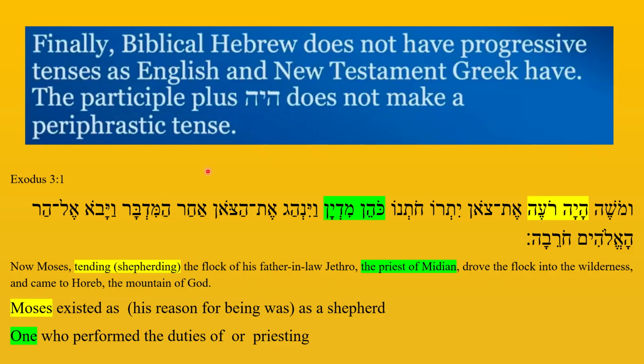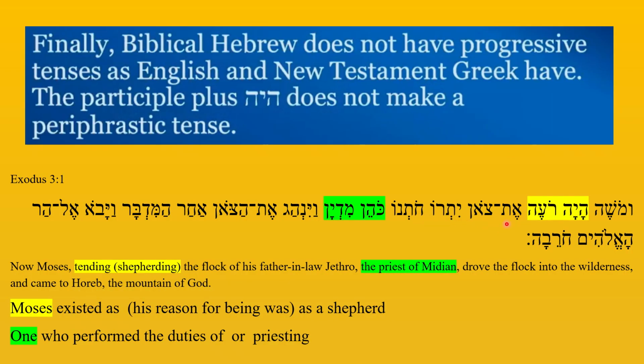So the example he gives from Exodus 3:1, Moshe haya ro'eh. And the way it's generally translated is, now Moses was shepherding the flock of his father-in-law Jethro, father-in-law Jethro.